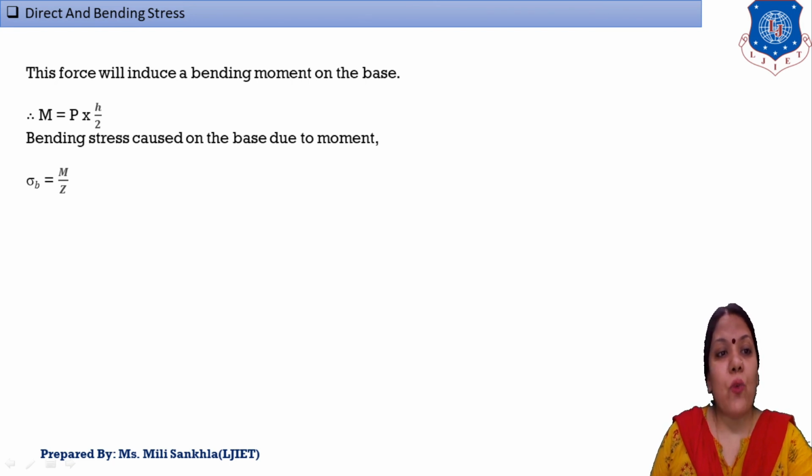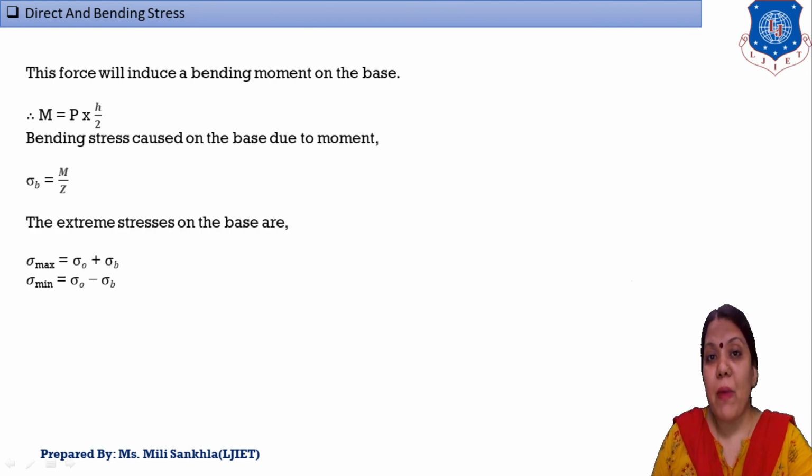Bending stress is equal to M by Z, where Z is the section modulus, which differs by section. For a circular section, it is pi by 64 d raised to 4. For a hollow circular section, it is pi by 32 into capital D raised to 4 minus small d raised to 4. And for a rectangular section, it is b d square by 6. These are the different equations for different sections.